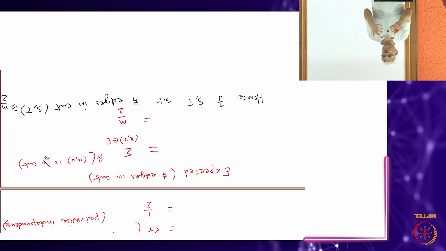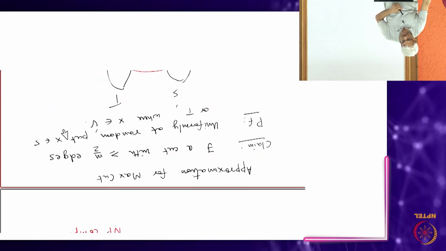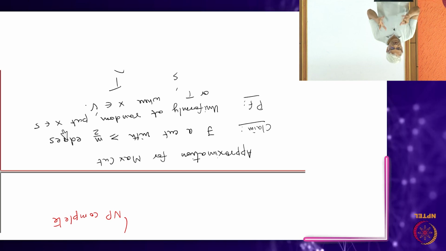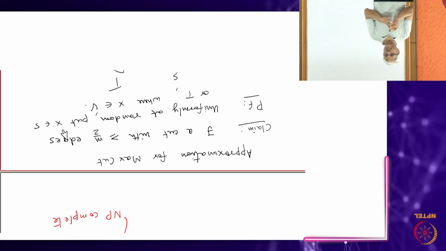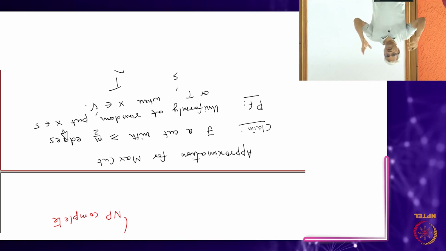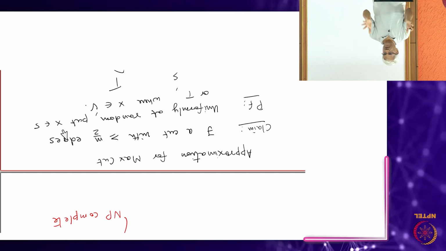So, now our goal is to find such a cut, and I am going to give that as the solution of my approximation algorithm. My goal, remember, is to design an approximation algorithm for max cut, which is not too far from the optimum. So, maximum can be m, maybe the whole thing is a bipartite graph, and there is a partition where every edge is across.